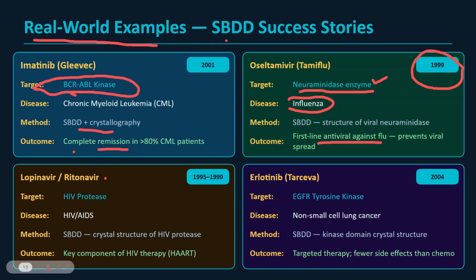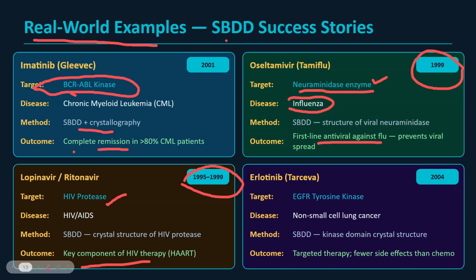Next, we have Lopinavir and Ritonavir, developed in the 1990s to target the HIV protease. Structure based drug designing was used for this enzyme, and the crystal structure of this protein was used. Now it is a key component of HIV therapy.